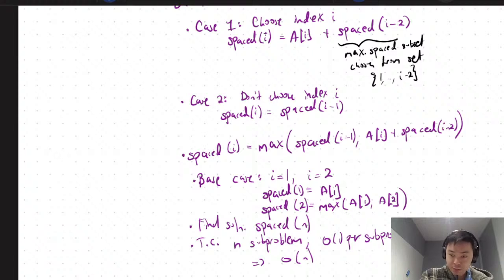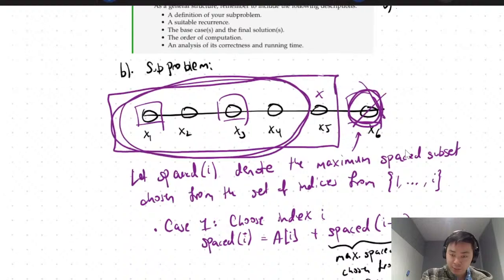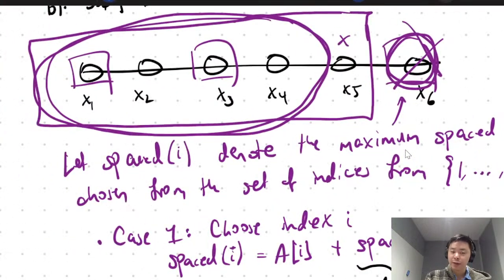Yeah. So what does the subproblem do here? So the subproblem itself is kind of like trying to figure out how to utilize your inductive hypothesis. So the subproblem here is really just saying, I'm going to solve this intermediary problem.